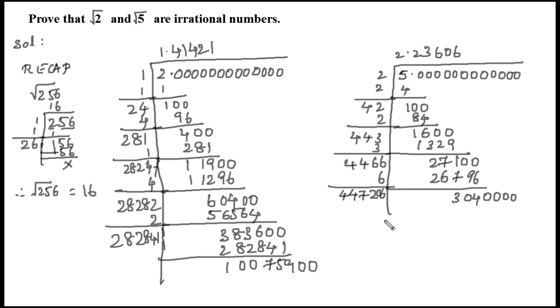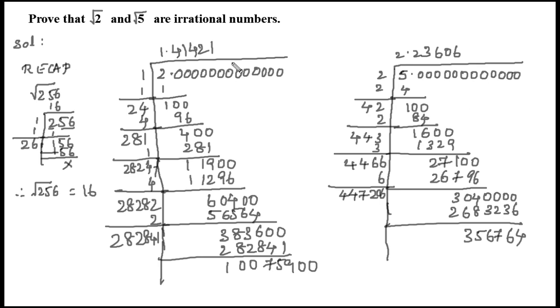And the product is 2683236. Now subtract it, and the difference is 35674.